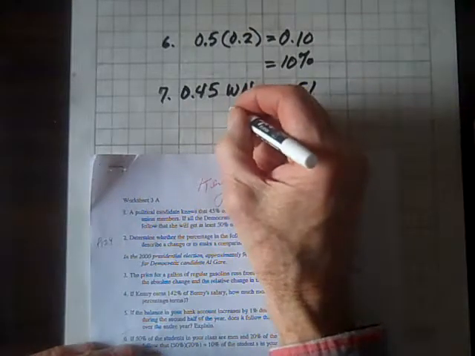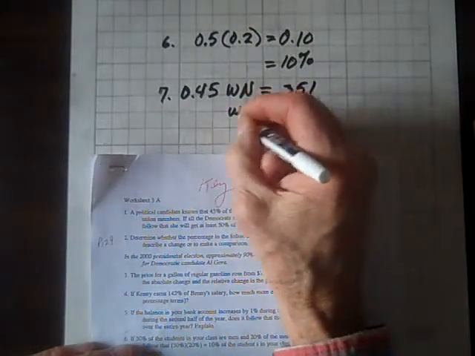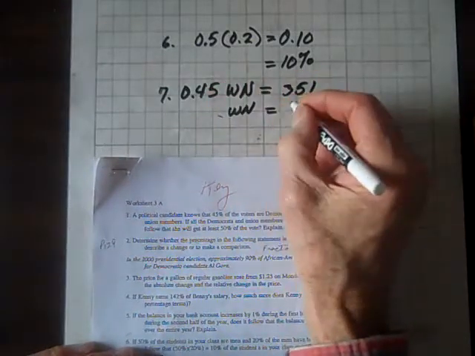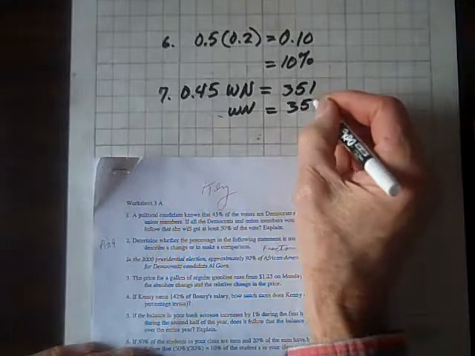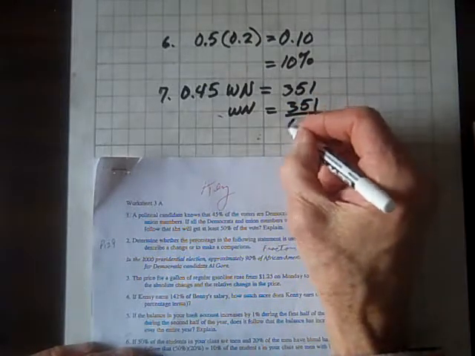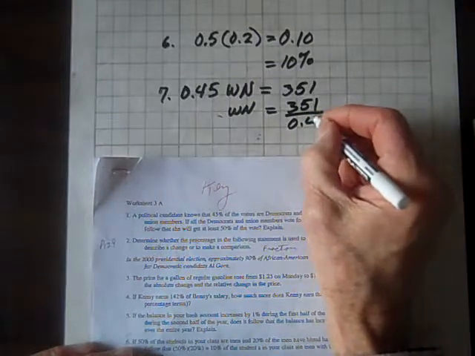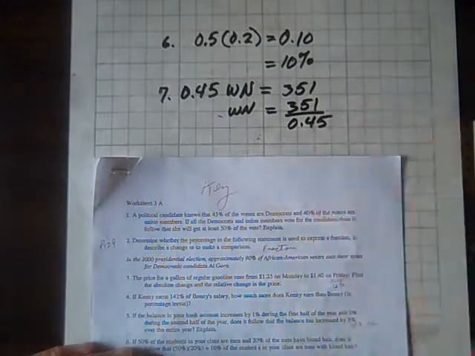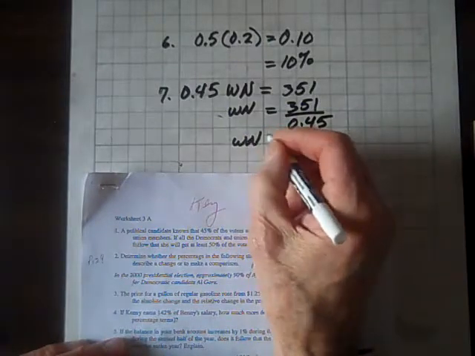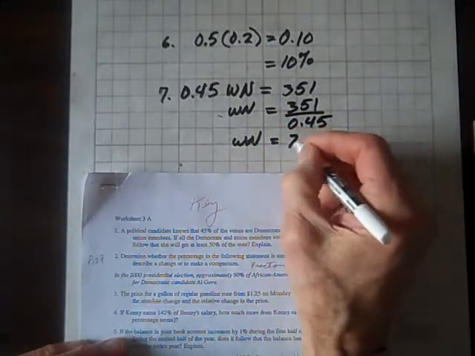Now if we divide both sides by 0.45, we get what number equals 351 divided by 0.45? And that quotient turns out to be the total number of people at the conference is 780.